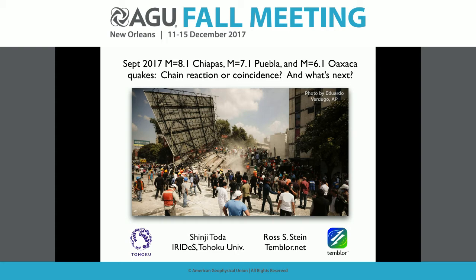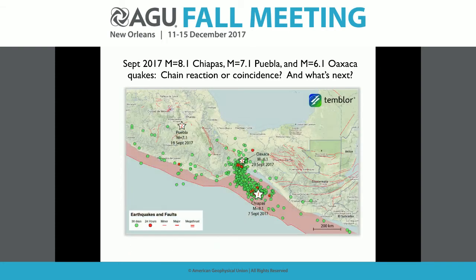Let me show you the map first. So here is the sequence of these three shocks. The first one is the Chiapas earthquake. Well, I should have called it the Tehuantepec earthquake, sorry. And then the second one is Puebla, and the third one I call the Oaxaca earthquake.